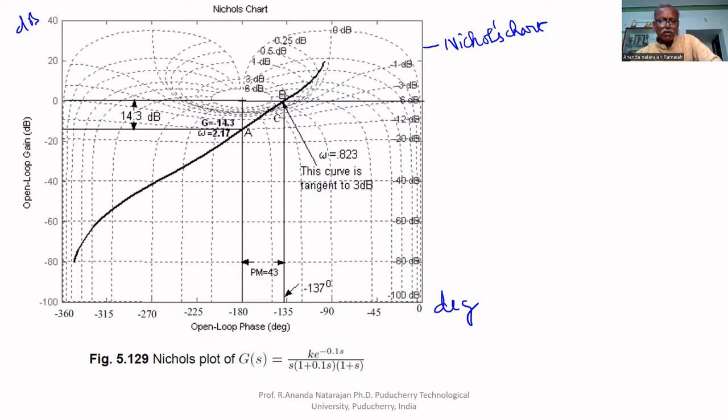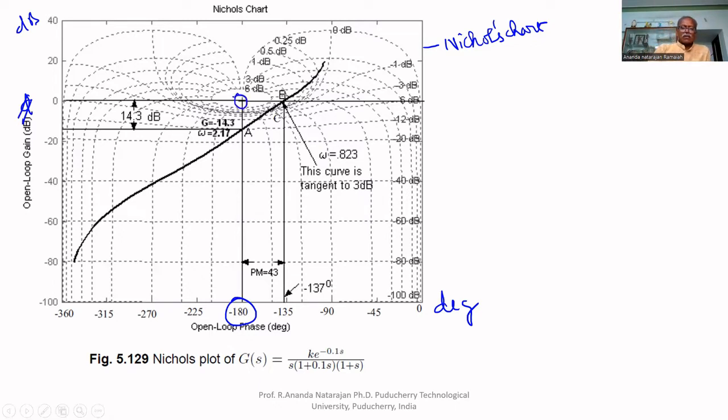It is symmetrical about 180 degrees, that is why it is in the middle. You can notice that. The 0 dB of the Nichols chart and our open loop response coincide here, and 180 also coincides.